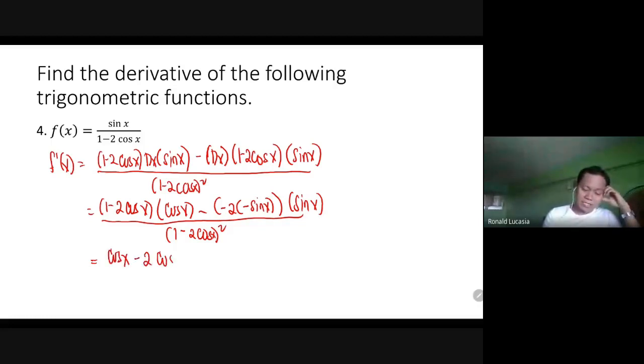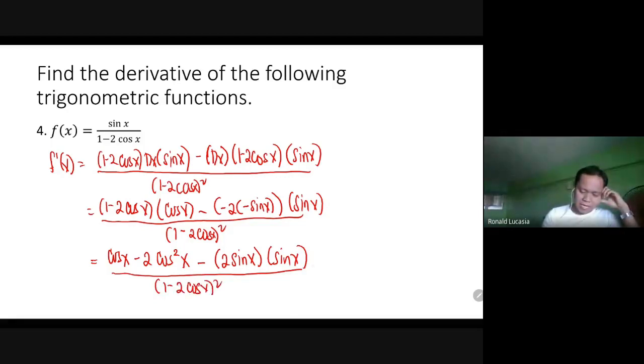Minus 2 cosine squared x. Walang squared ha. Ang cosine yung naka-squared. Minus, ito ay magiging positive 2 sine x times sine x over 1 minus 2 cosine x quantity squared.